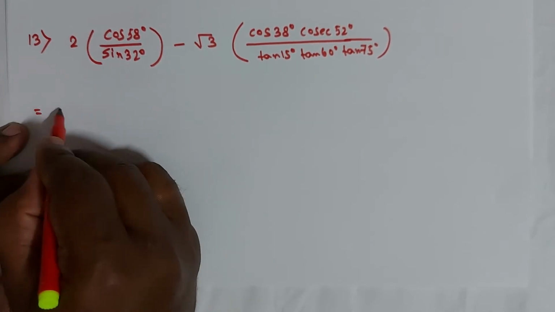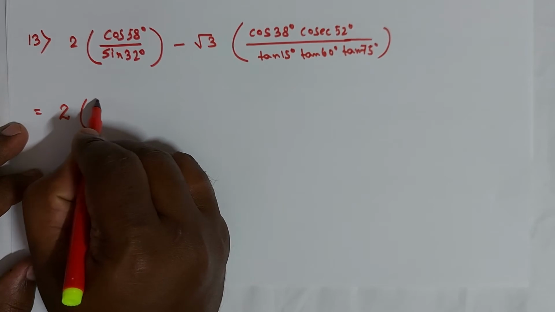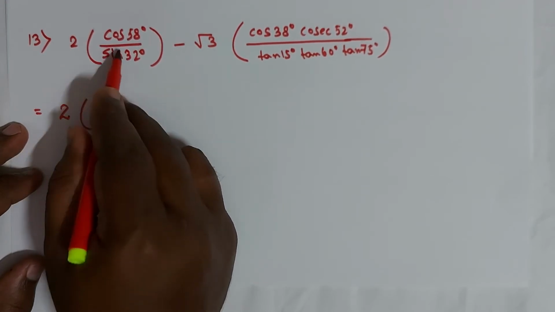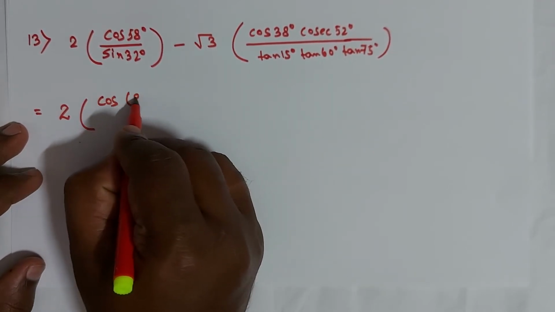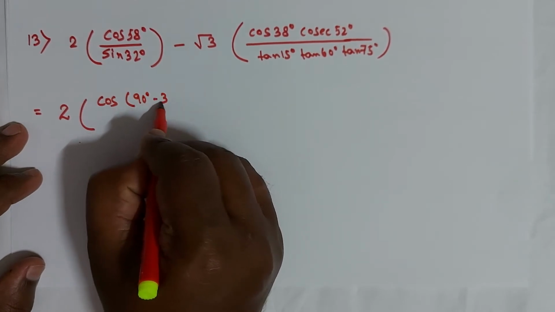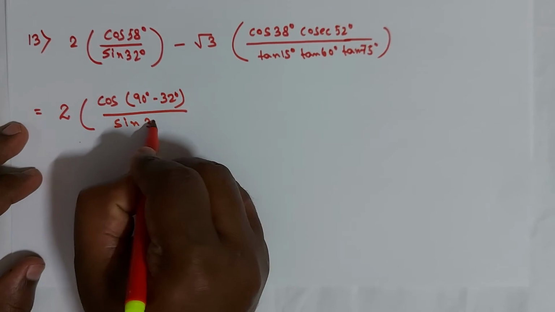Now this we can write as cos of 90 degree minus 32 degree by sin 32 degree.